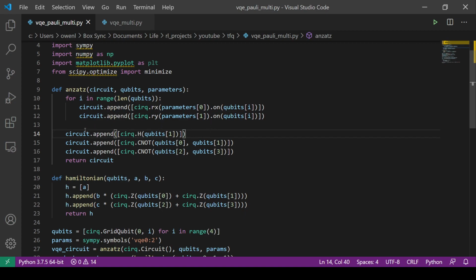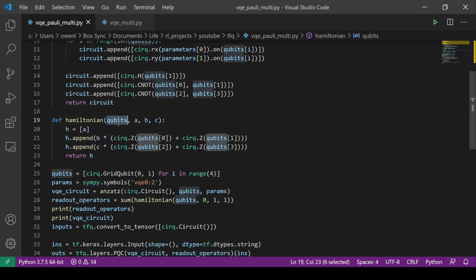And so here we can see that first we apply the Hadamard gate to the X, and then we apply C0. This is for Z Kronecker X, and this C0 right here is for the ZZ operation. The Hamiltonian is the same, a constant, measuring in the Z basis.